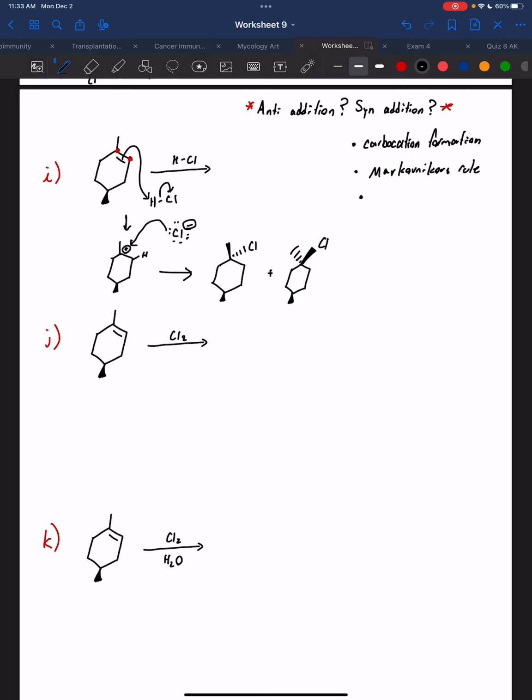You get racemic mixtures with stereogenic centers. So only if you created a stereogenic center will you get a racemic mixture. It adds in syn and anti, and I'll kind of explain what that means in a little bit. And of course, if you have carbocation formation, then you can have rearrangements as well. But we didn't have to concern ourselves with rearrangements because our carbocation happened to be in the most stable position it could be.